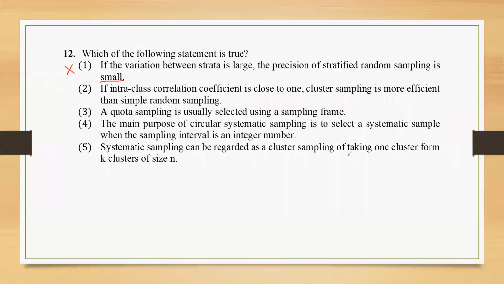Then the second one: if the intra-class correlation coefficient is close to 1, cluster sampling is more efficient than simple random sampling. So what is the role of the intra-class correlation coefficient?